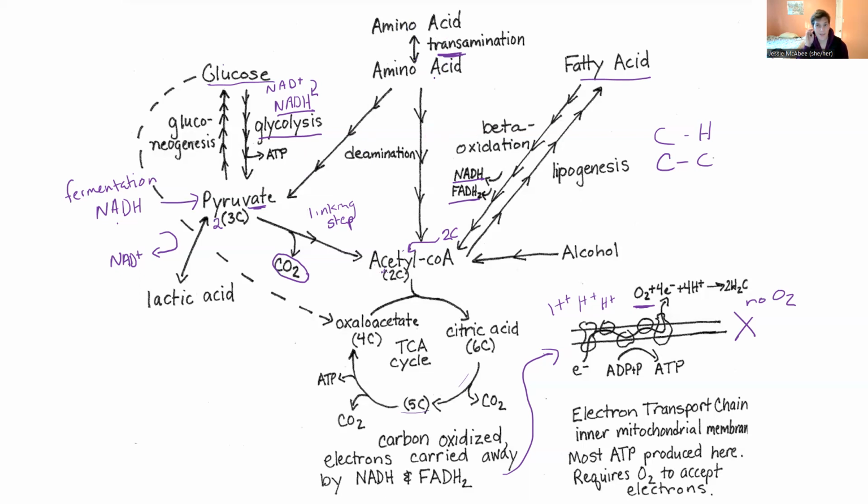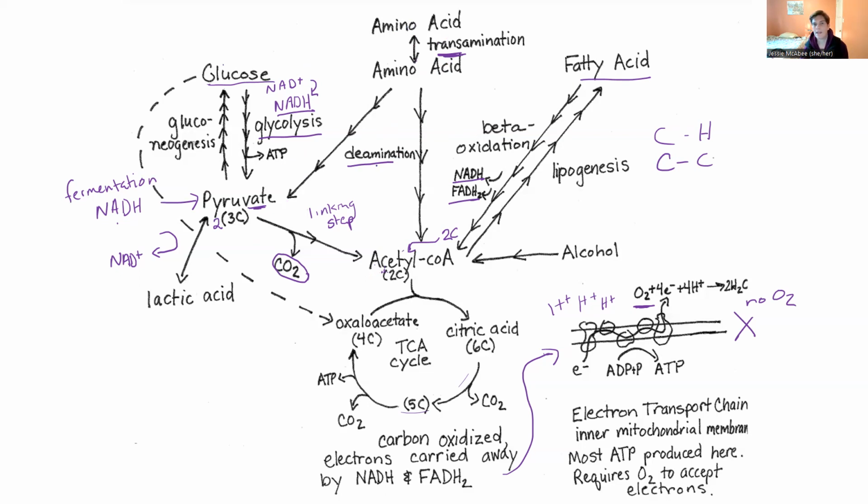You have to have some amino acid to transfer an amino group to make a new amino acid. But for amino acids to be used for energy, they have to be deaminated, which means that their amino group is removed. That nitrogen group is not used for energy. It's only the carbon skeleton that's used for energy.